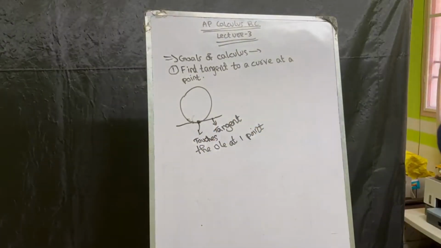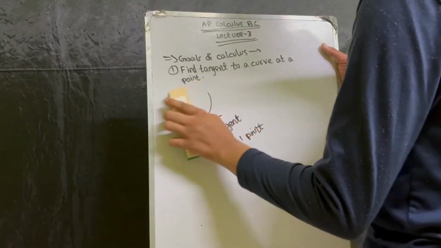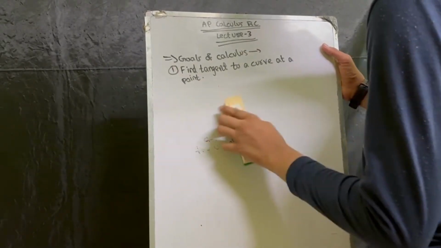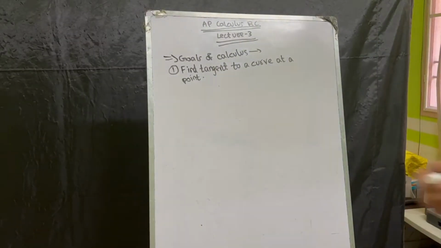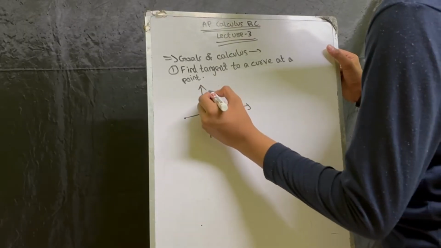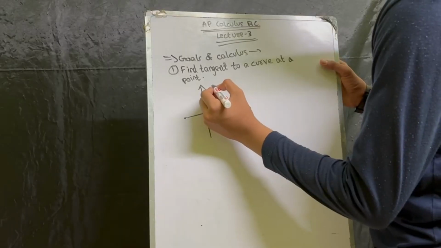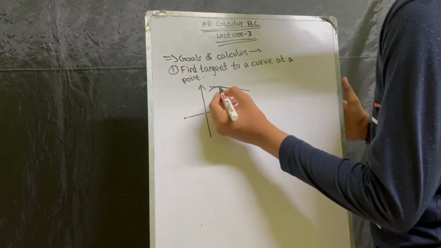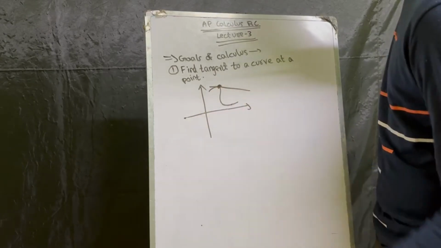So this is an example. I'll give an example of tangent in a curve, okay? Okay, let's see this graph. We have this curve, okay? This line is a tangent because it touches the curve at only one point, this point.